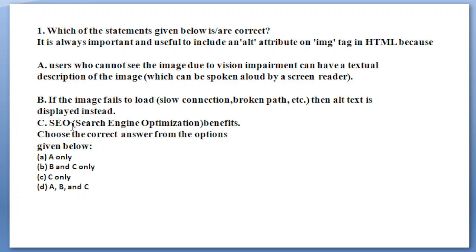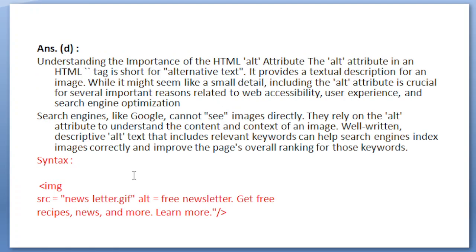Next is search engine optimization. Nowadays, whenever we need information, we just Google it. But the Google search engine cannot see the images. These search engines use the text we have given in the alt attribute.